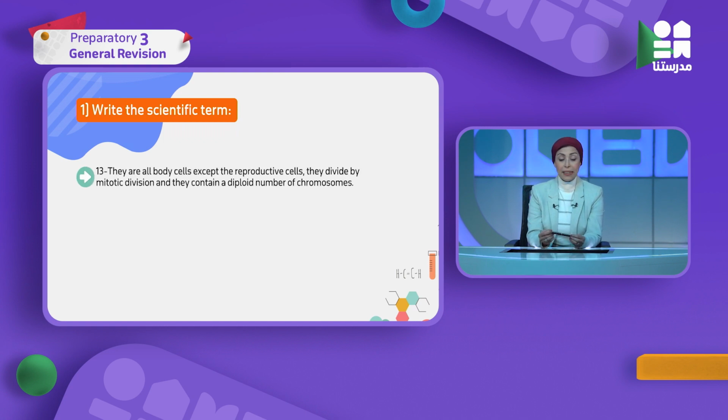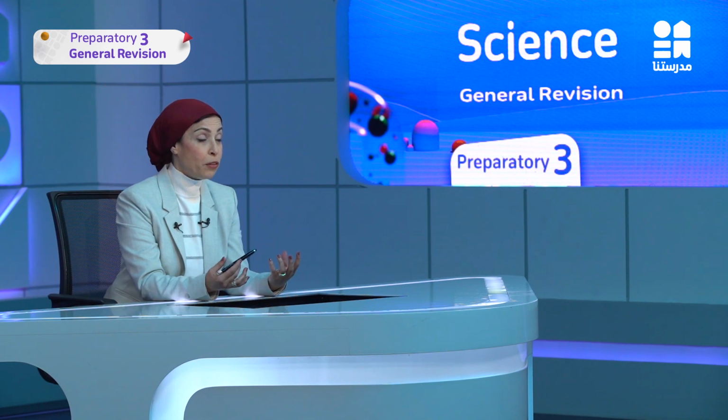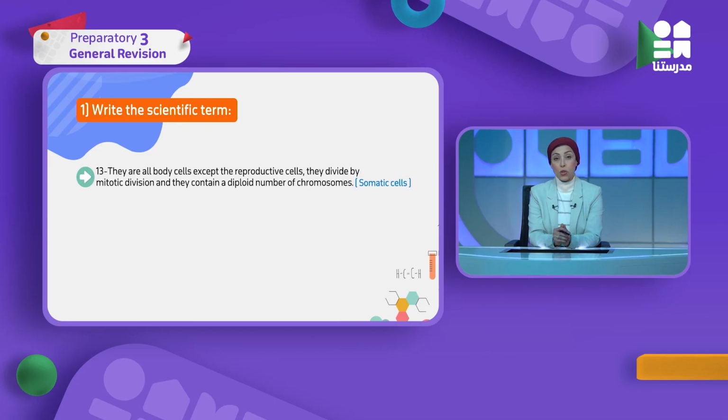They are all body cells except the reproductive cells. They divide by mitotic division and they contain a diploid number of chromosomes. Which types of cells divide by mitosis and contain the double, or diploid, number of chromosomes? It is the somatic cells.